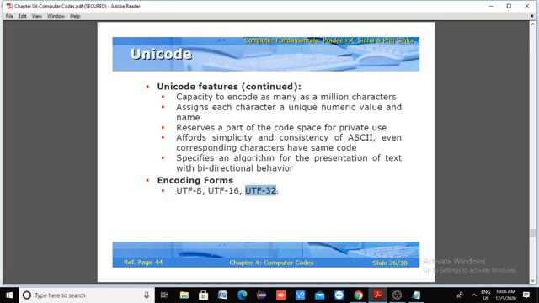UTF-8, in addition to defining the identity of each character and its numeric value, known as the code point, the character encoding standards also define an internal representation, also known as the encoding form.